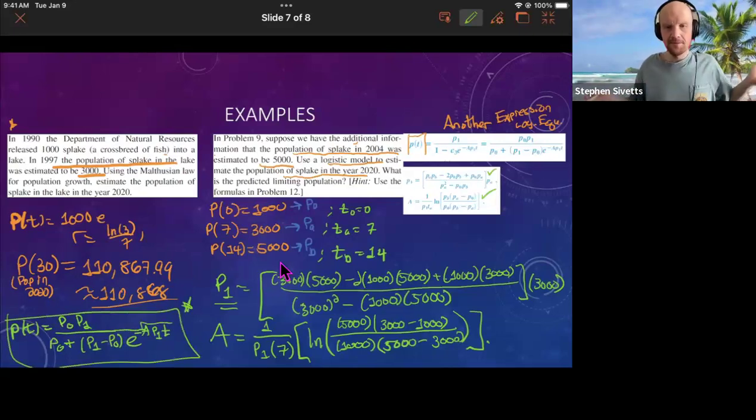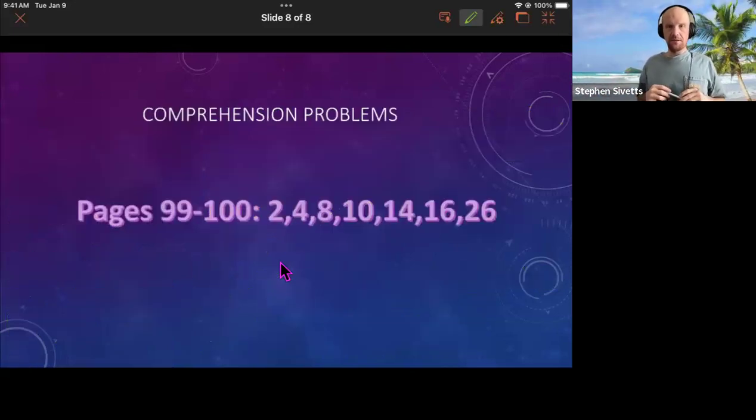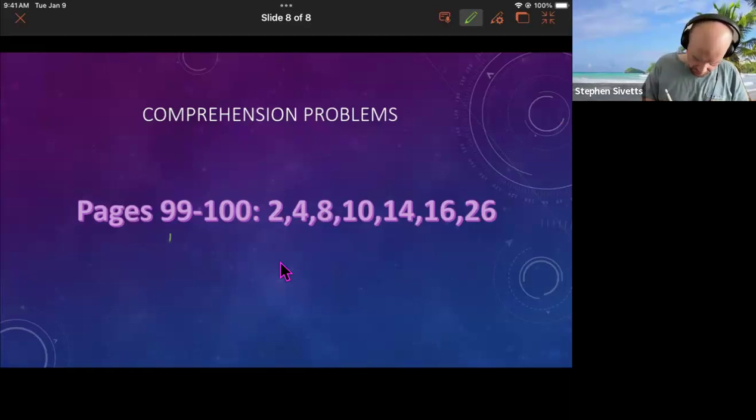Okay, so pretty straightforward. And then here are some problems for you to check comprehension, right? There's also going to be Newton's law of cooling.